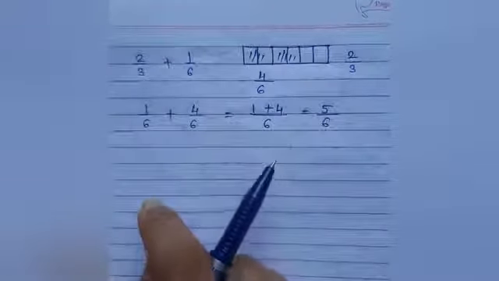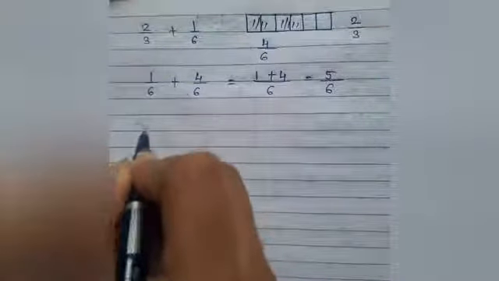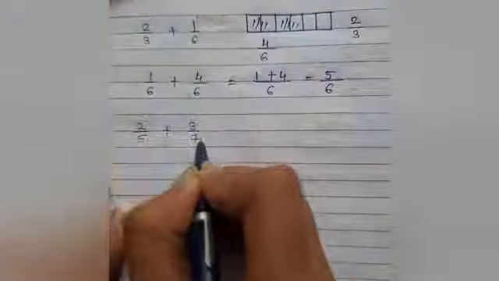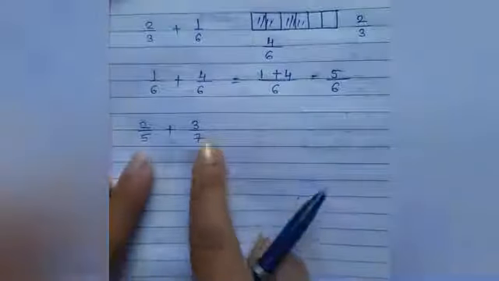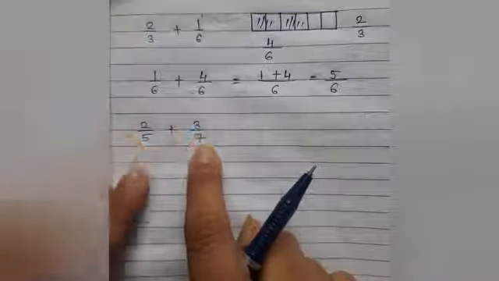Let's take another example. Suppose the fractions are 2 upon 5 plus 3 upon 7. Here again the fractions are unlike fractions. So we are going to convert these fractions into like fractions.